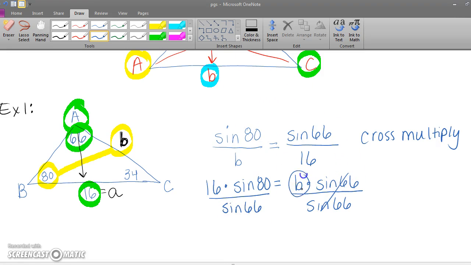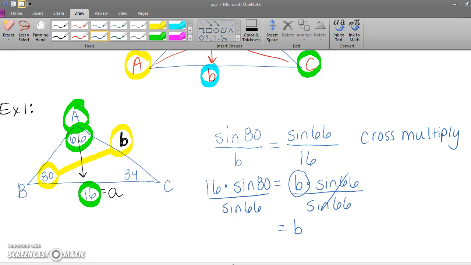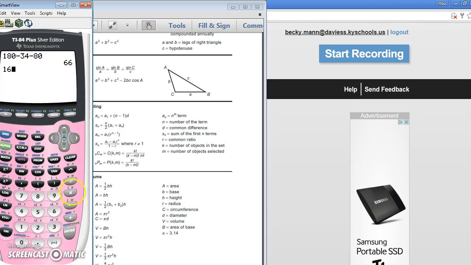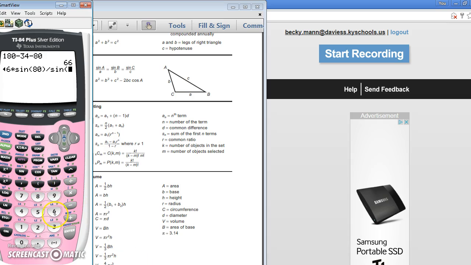Our answer for b, which is by itself now, we would put in our calculator. We would type in 16 times sine of 80, making sure we close that parentheses, divided by sine 66. Hit enter, and that side would be 17.2.